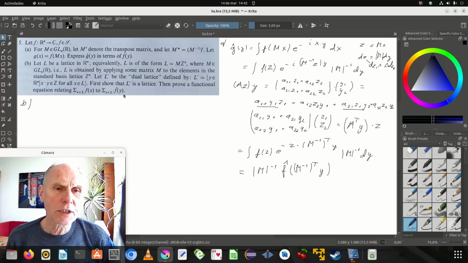So I think we should start here by finding the points of the dual lattice, and it's defined this way.